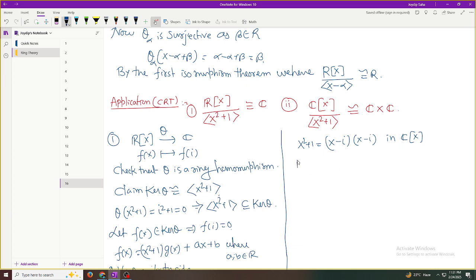So write 1 as 1 by 2i times (x plus i minus x), right?